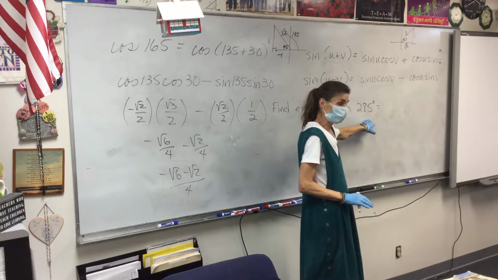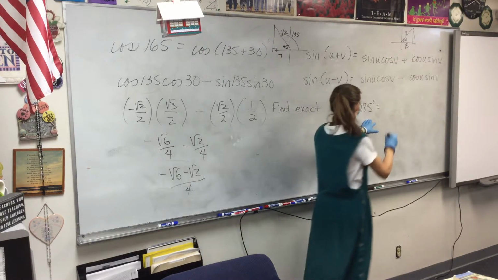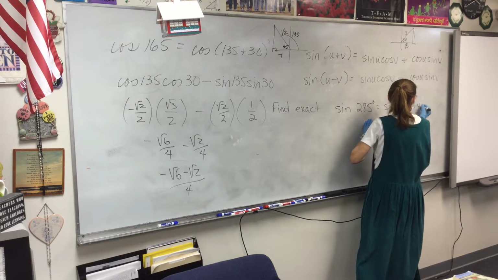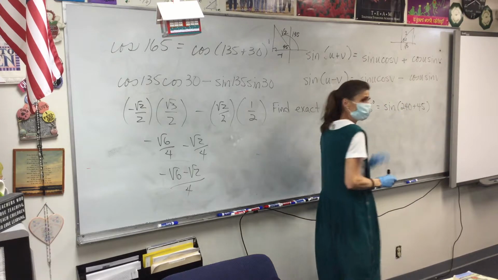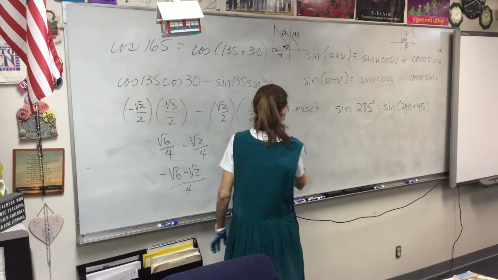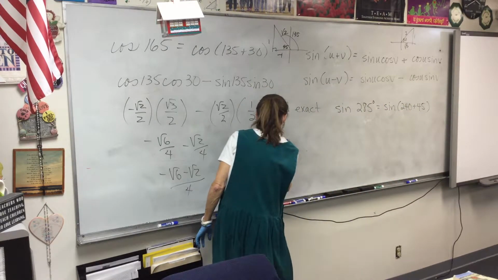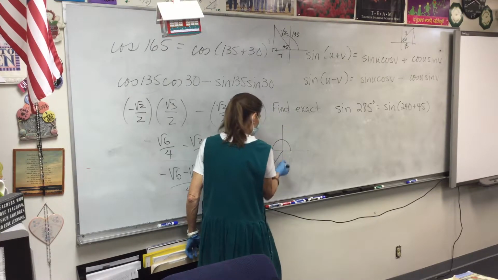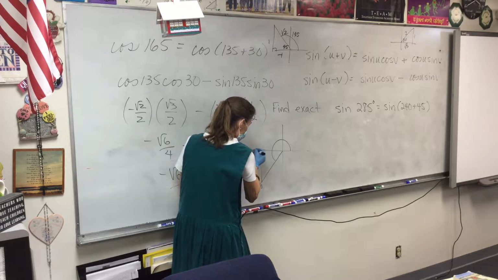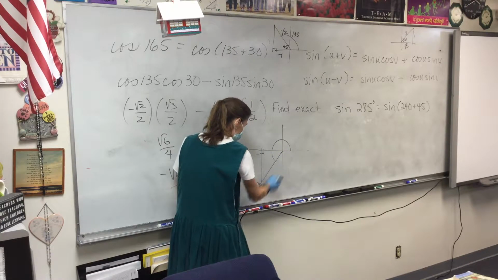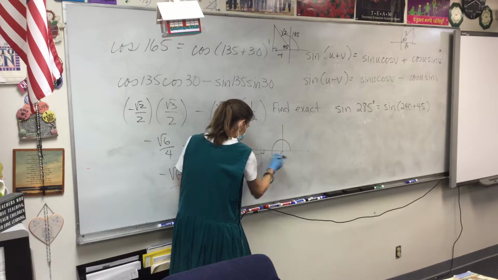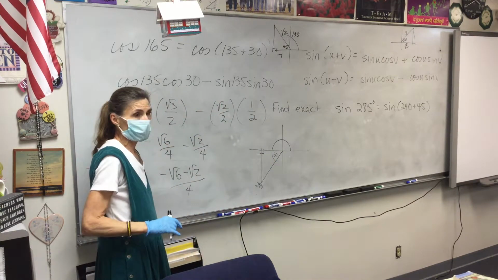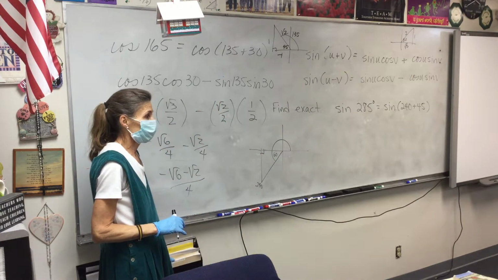So if I were gonna use 45, this would be the sine of 240 plus 45. Now, is 240 okay? 240 is fine, because this is 180, this is 240, what's that? 60.